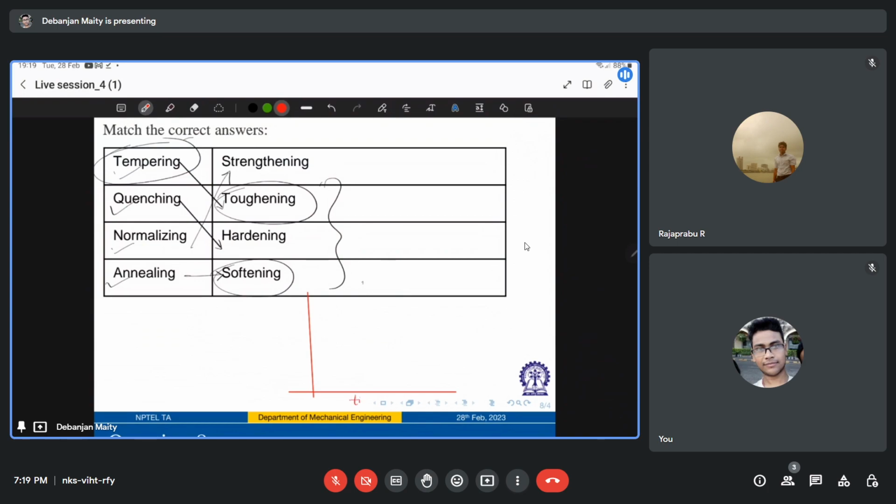This is your time, this is your temperature, this is your transformation temperature, and then let's say these are the C curve, and this is your martensitic start transformation, martensitic finish transformation.